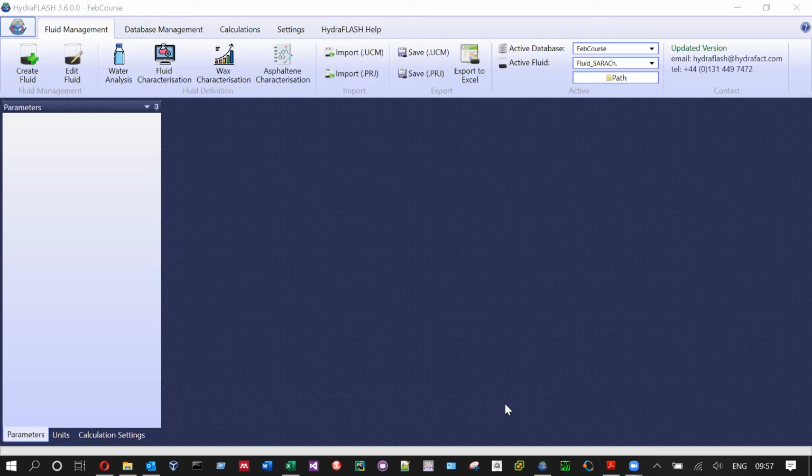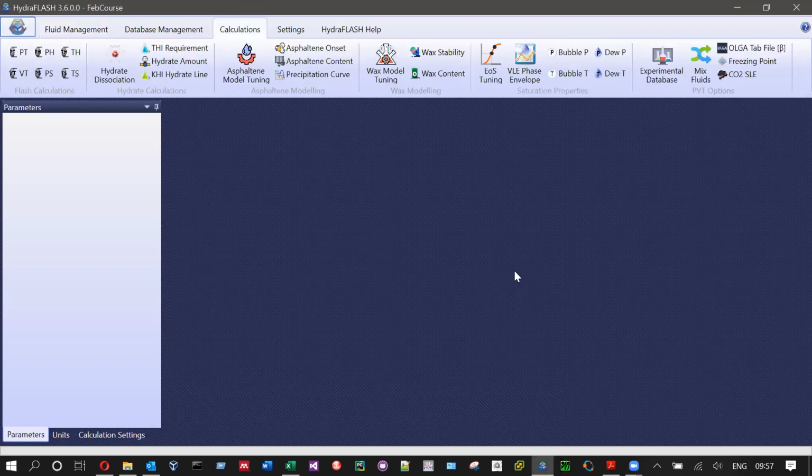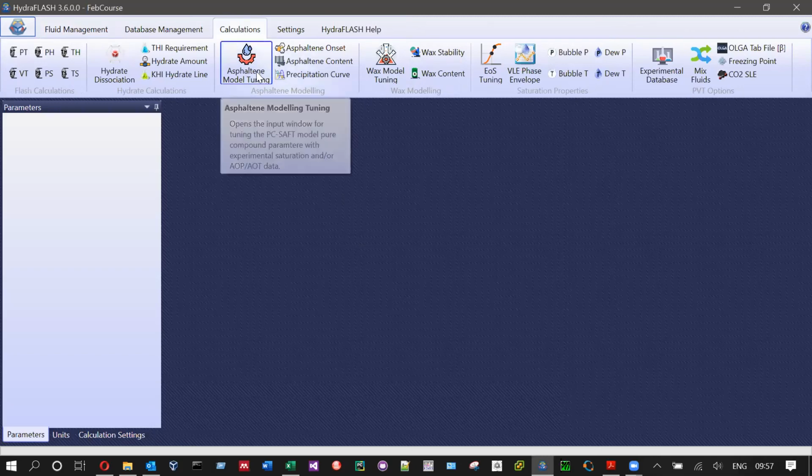So we need to tune the model using at least one set of experimental data, which for asphaltene calculation is usually the upper onset or lower onset or saturation property. So what I need to do is go to the calculation tab and this button, asphaltene model tuning.